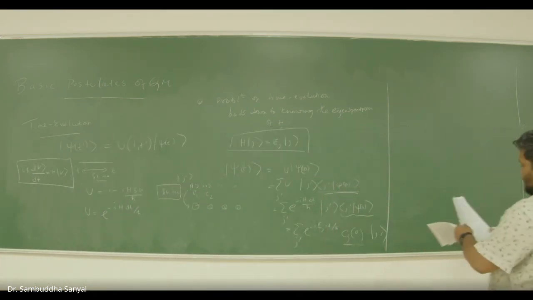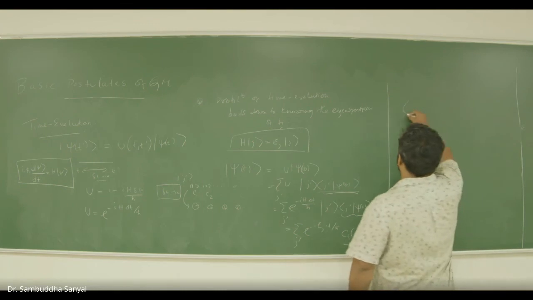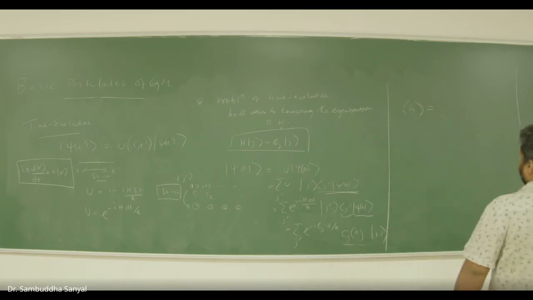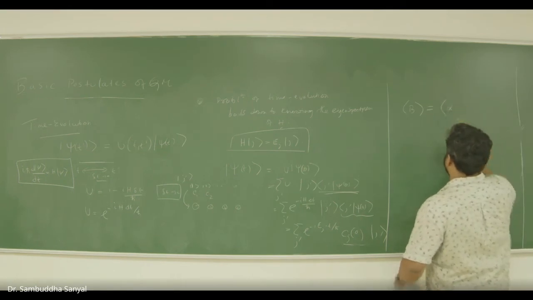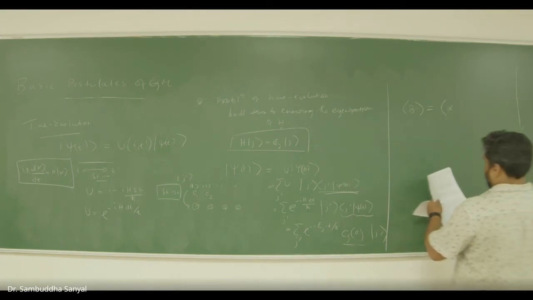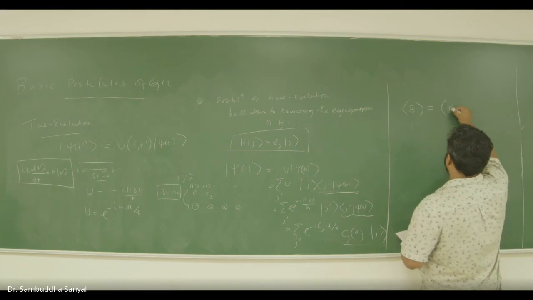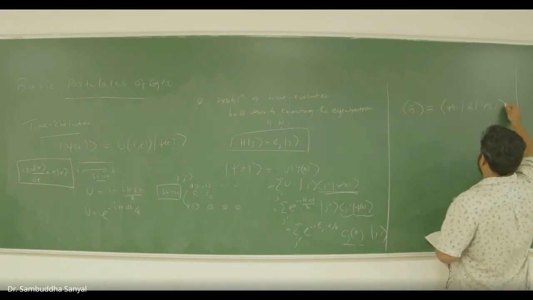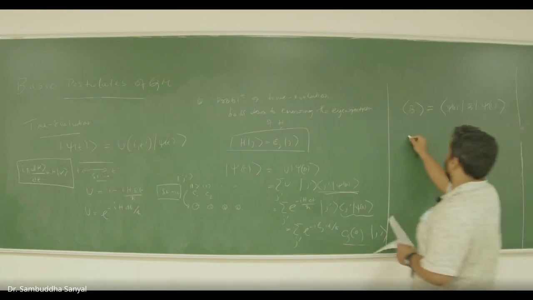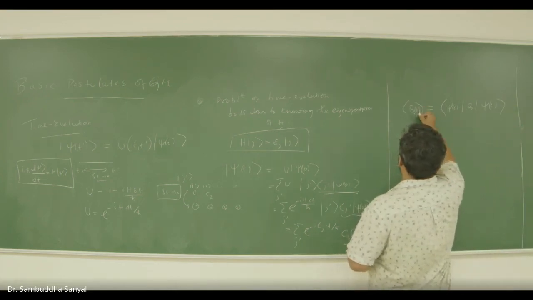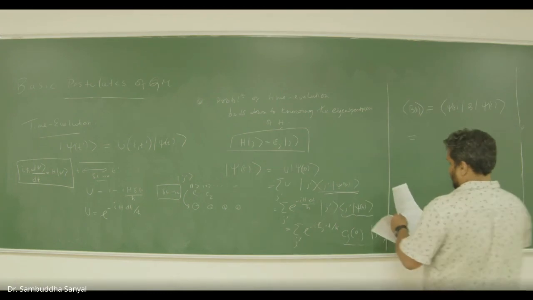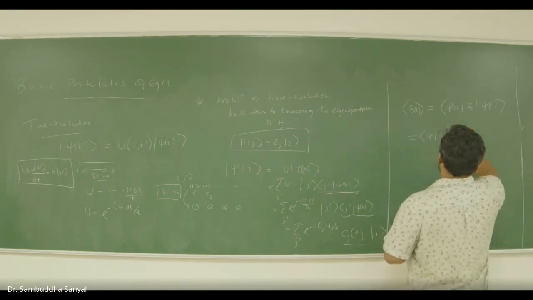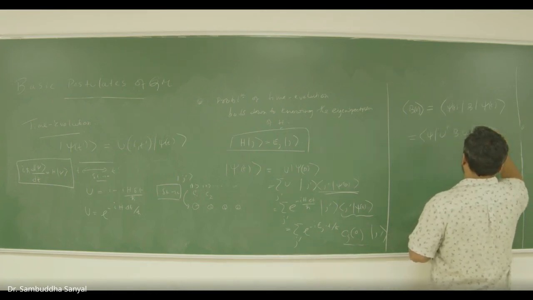So now you can calculate anything. Let's say you want to calculate some expectation value of B as a function of time. So let's say you want to do it for the state psi t, B, psi t. B at time t you can write simply as psi, u dagger B u, psi. This is psi 0.